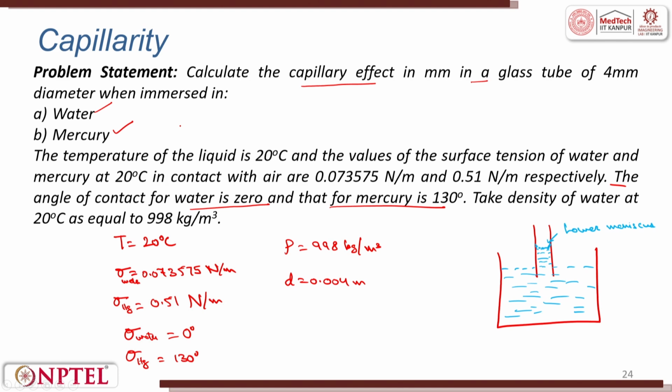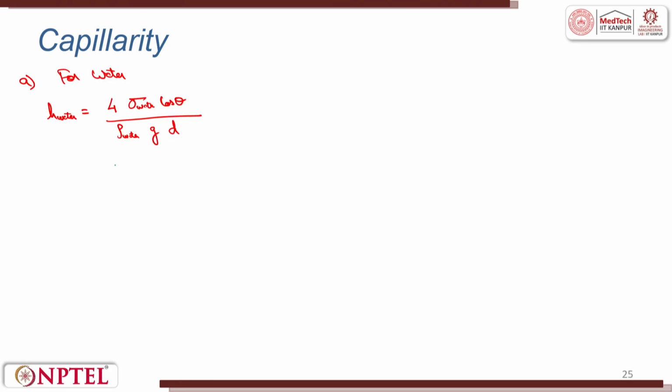Here the diameter of the tube they say is 4 millimeter, and there is an angle theta here of this meniscus. This angle theta is 0 degrees in water. No angle is there even.